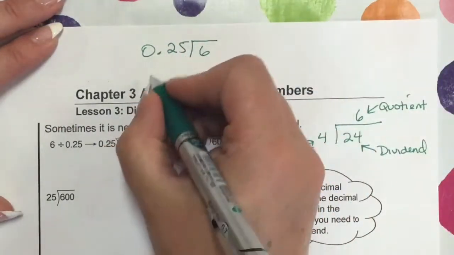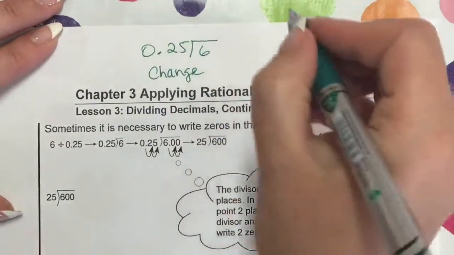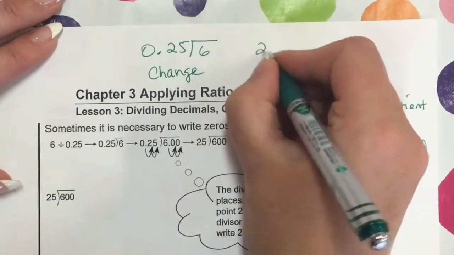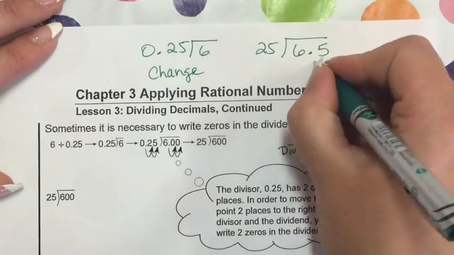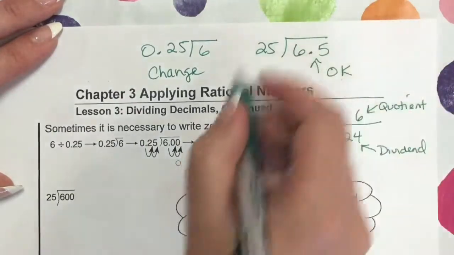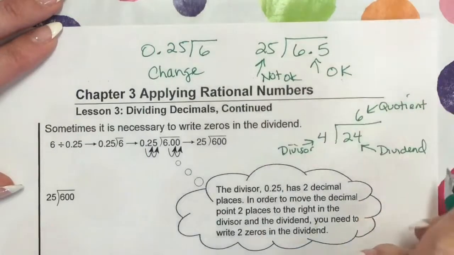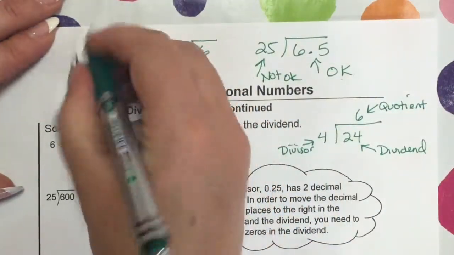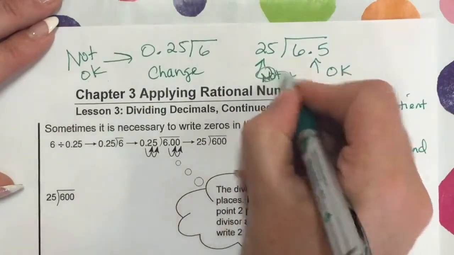Okay, so this has to be changed, okay? However, you can do this. You can have 25 divided by 6.5. So it's okay for there to be a decimal there. That's okay. But it is not okay for there to be a decimal there. Okay, so this is not okay. Wait.